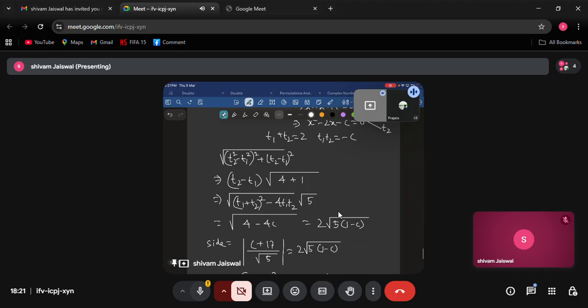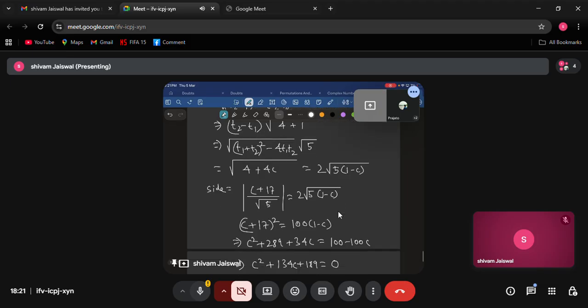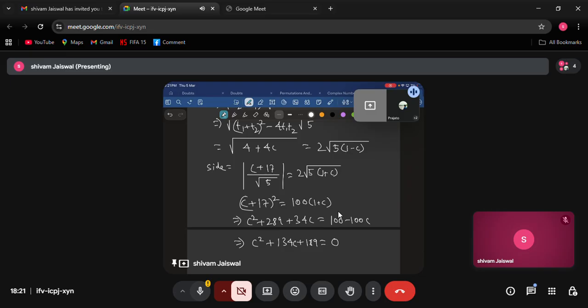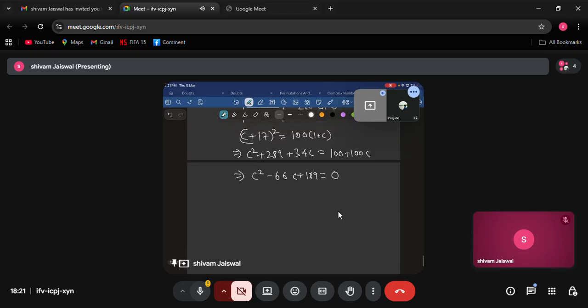T1 T2 is minus c, right? So this should be 4 plus 4c. Are you getting? Tell me, have you understood where I made the mistake? So it will be 34c minus 100c. That will give us minus 66c. Oh, now it's done. c is equal to 63 comma 3.